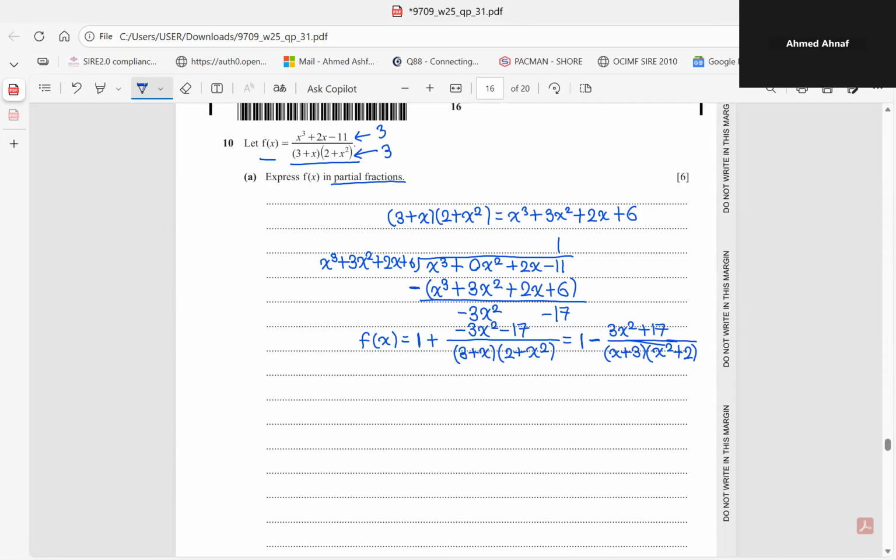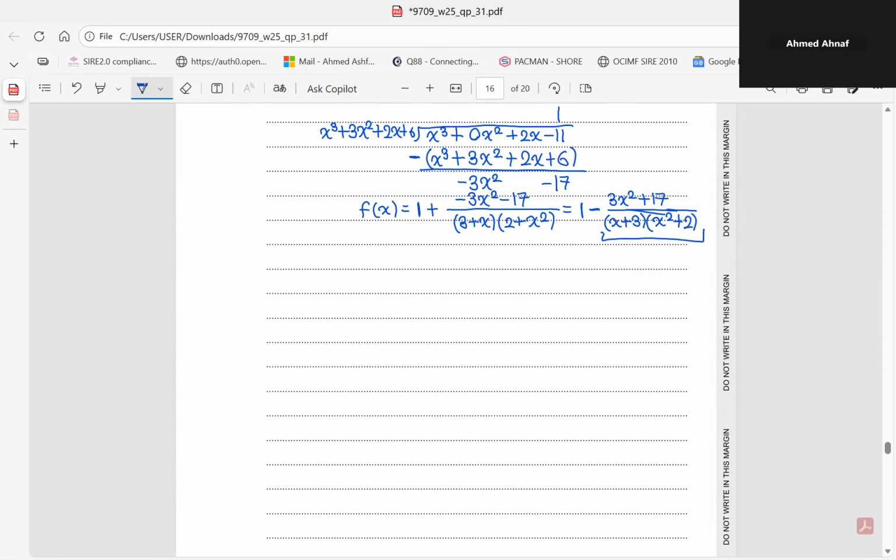So now we are ready to express this in terms of partial fractions. Okay, so let's start. So (3x² + 17) over (x + 3)(x² + 2) we can express as A over x + 3.